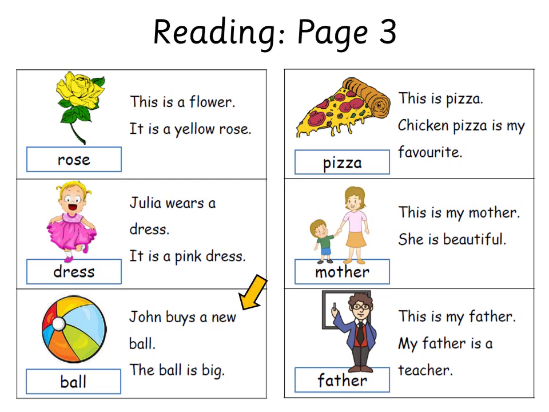John buys a new ball. The ball is big. This is a pizza. Chicken pizza is my favorite. This is my mother. She is beautiful. This is my father. My father is a teacher.